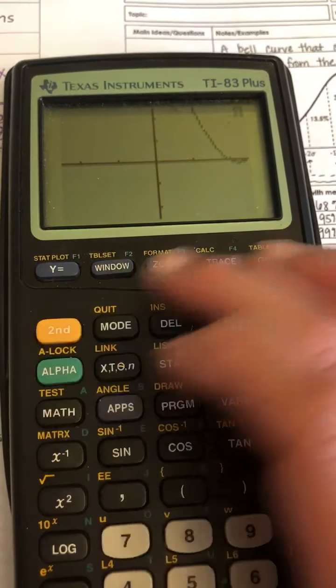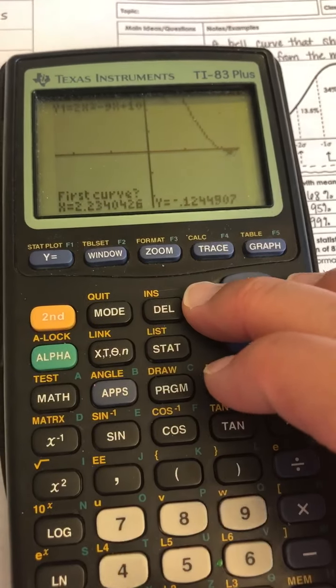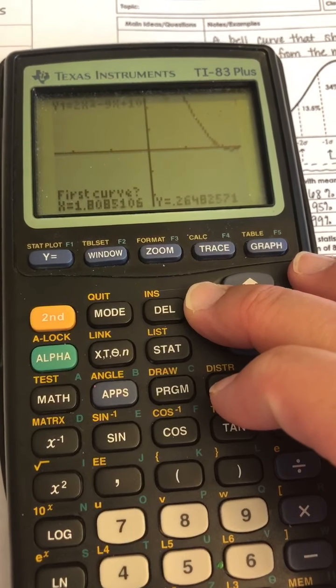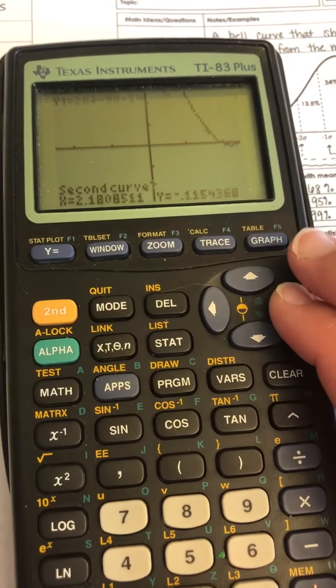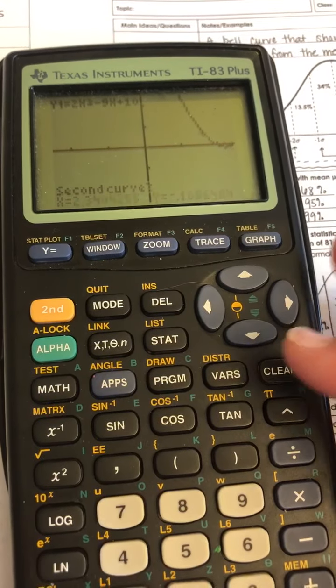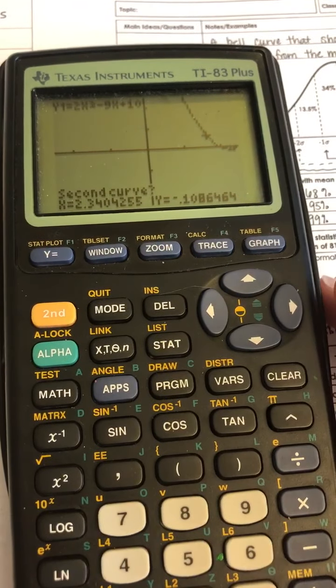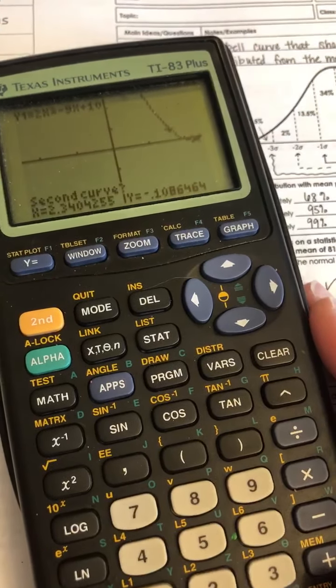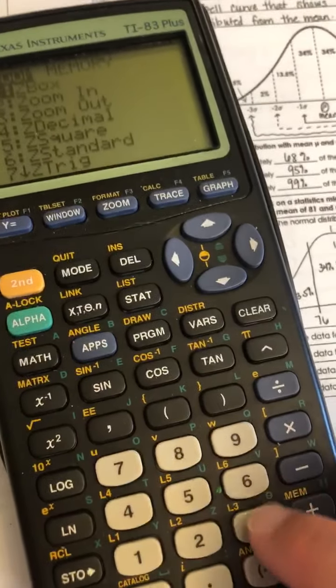That's no bueno. Calc intersect. So I'm going to the left side and to the right side, hit enter. So I don't have to guess, do I? Maybe I'm not zooming properly.